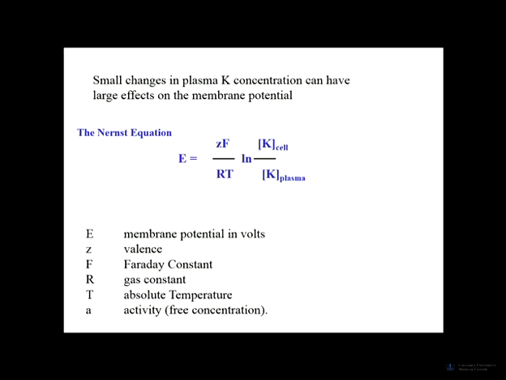So imagine going from a plasma potassium of 3 to 6. That will halve the membrane potential. And that's an incredibly big change. And so this is the reason we really think of plasma potassium changes as very critical things.